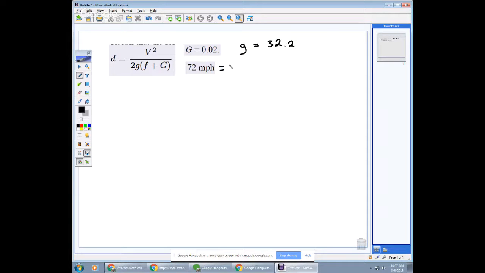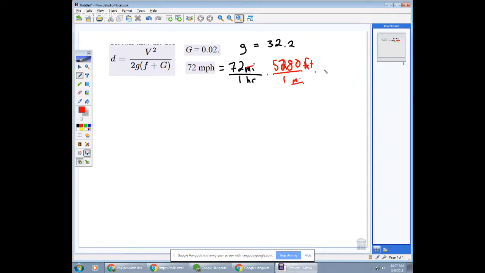And again, that's 72 miles per 1 hour. And to convert that to feet, we got to get rid of miles. So 1 mile, remember conversion factors? We did this yesterday, 5,280 feet.